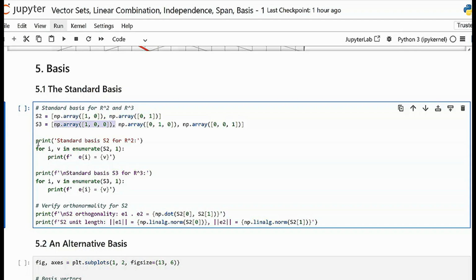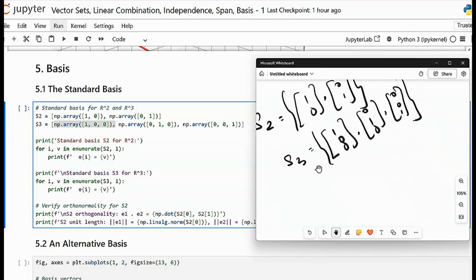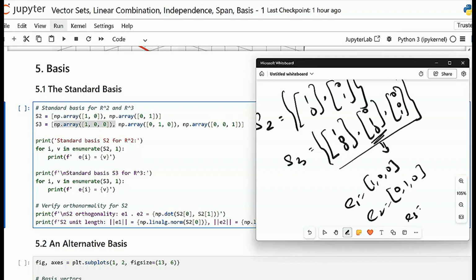How does it happen? Observe what we specified, which can also be written as E1, which is equal to 1 comma 0 comma 0, E2, which is 0 comma 1 comma 0, and E3, which is 0 comma 0 comma 1. Each vector points along one coordinate axis.